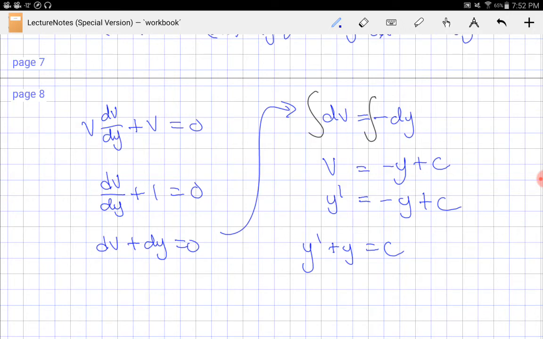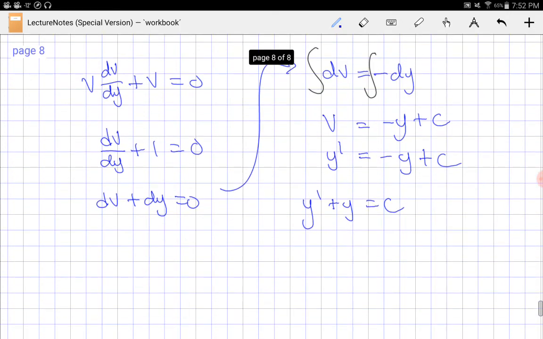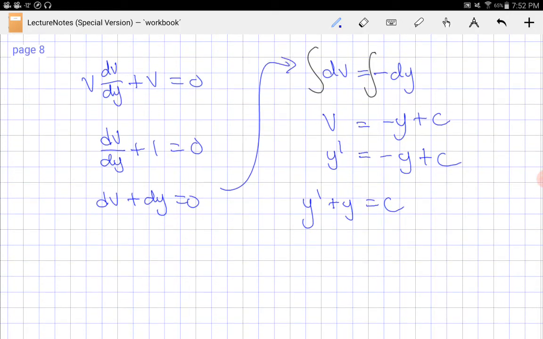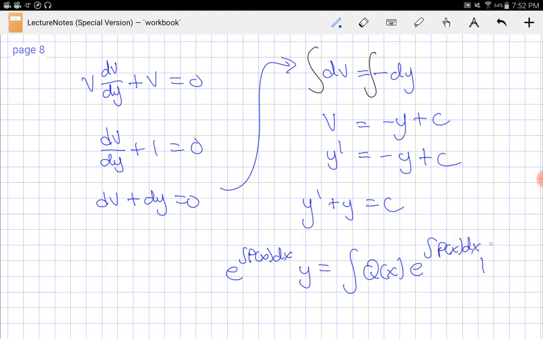This is actually a linear first order equation that can be solved using the form: e to the power of the integral of p(x) dx times y equals the integral of q(x) times e to the integral of p(x) dx, dx.